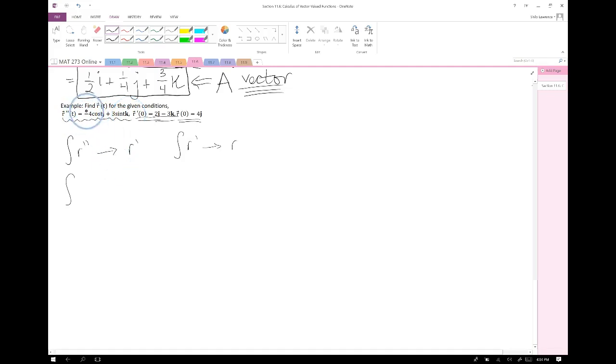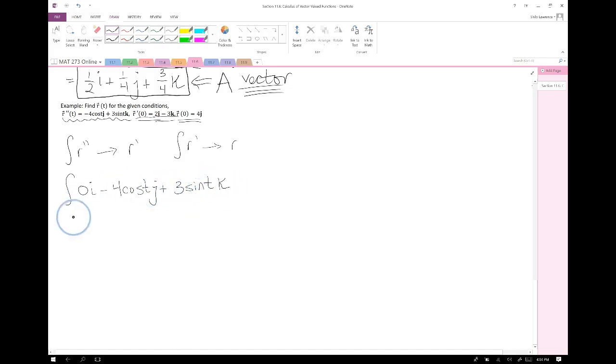If you want to, you can insert an i component and it would technically be 0. There are no i's in r double prime, but it's possible that some i's will appear when we do antiderivative, so we need to keep that in mind. Just because we don't see it in one derivative of the r doesn't mean it doesn't exist in the original r. So we want to integrate 0i minus 4 cosine t j plus 3 sine t k.